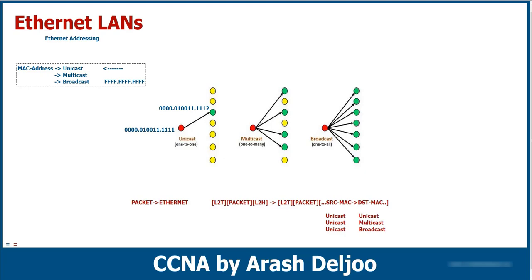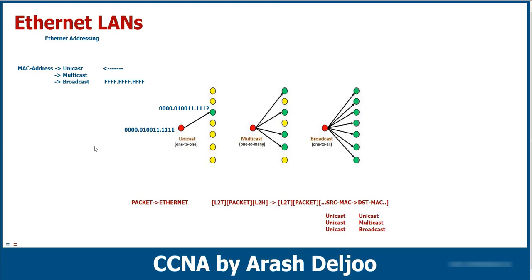Okay, very good. In this video, we learned about optical fibers and some details about these links. After that, we learned about Ethernet addressing, the MAC address, how we can make it unique, and the different types of MAC address.